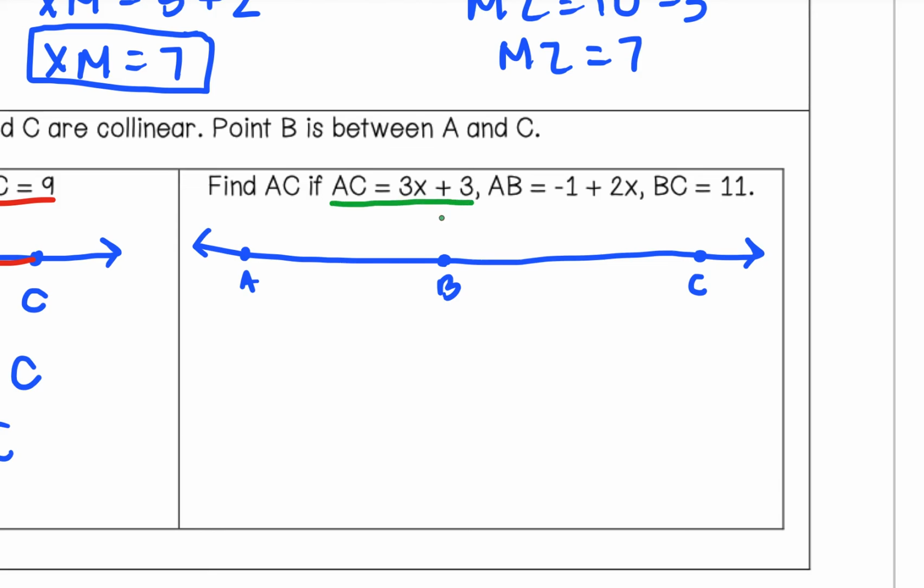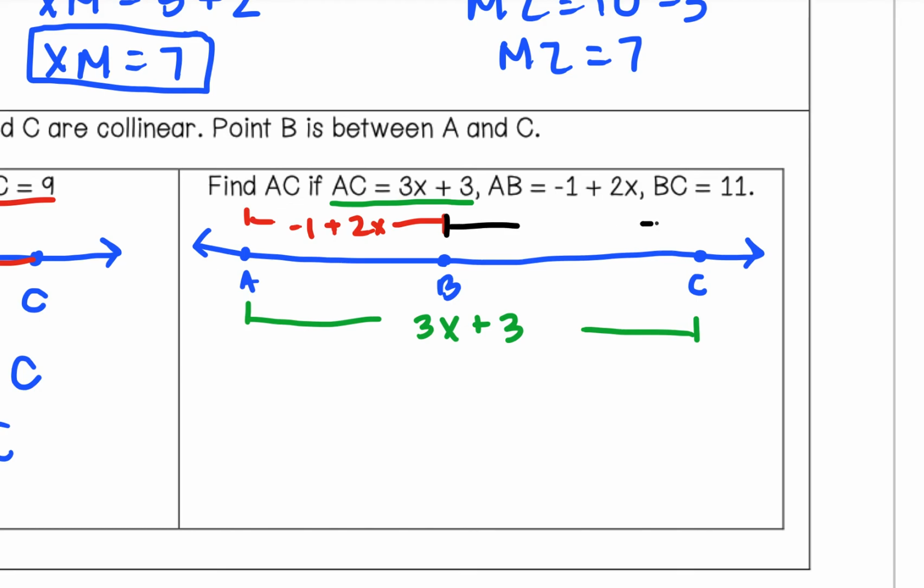We know this time that AC, so this entire length here, is going to be 3x plus 3. The next part of the segment, AB, is given to us as -1 plus 2x, so that's this segment here. And then our last length that was given was BC, and that was given as 11.